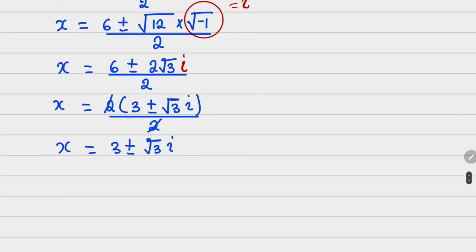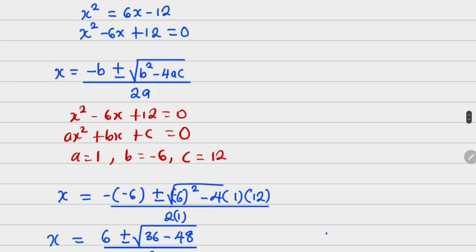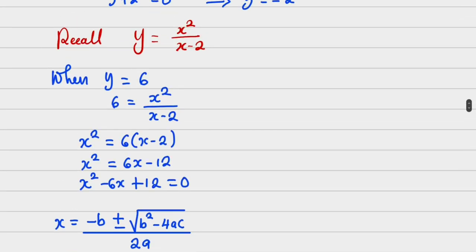Now in this case, we can say x1 will be 3 plus root of 3 i, then x2 will be 3 minus root of 3 i. Good. Okay, but that is not the end. Remember, we still have another possibility.